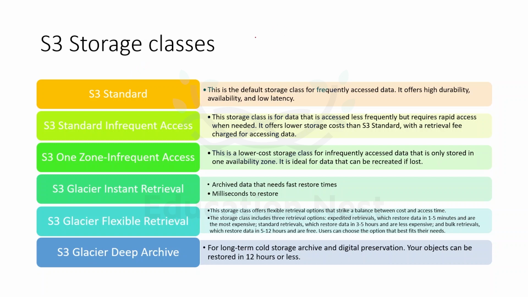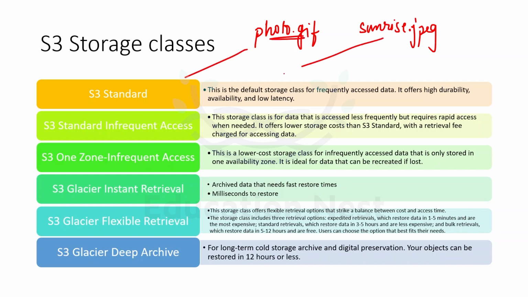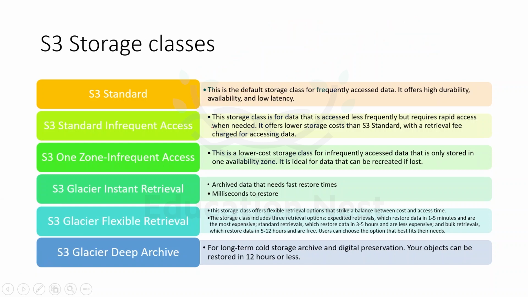Let's say you have two objects inside your bucket, one is photo.gif and another is sunrise.jpg. You can keep photo.gif in Standard and sunrise in Standard Infrequent Access. That can be done. So per object you can change your storage class. It is not according to the bucket, and both photo and sunrise are in the same bucket.